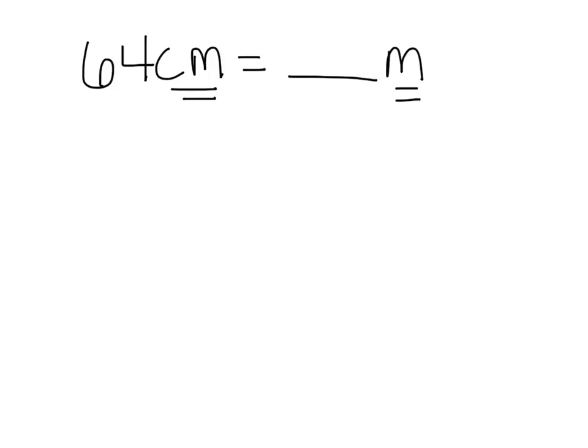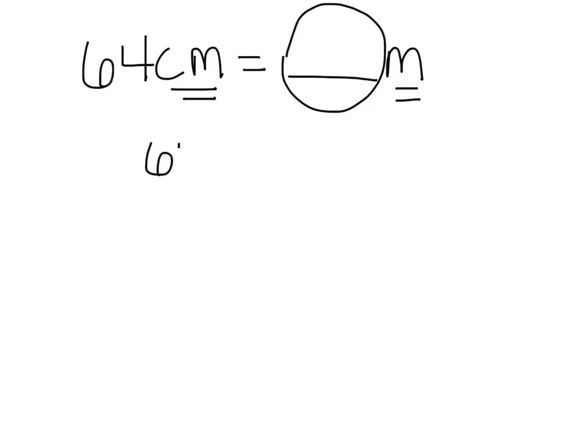First, let's look at 64 centimeters equals how many meters? The first thing I say to myself is, well, the centimeters are much smaller than meters, so I know that I'm going to have fewer meters than I had of centimeters, so I'm going to divide.